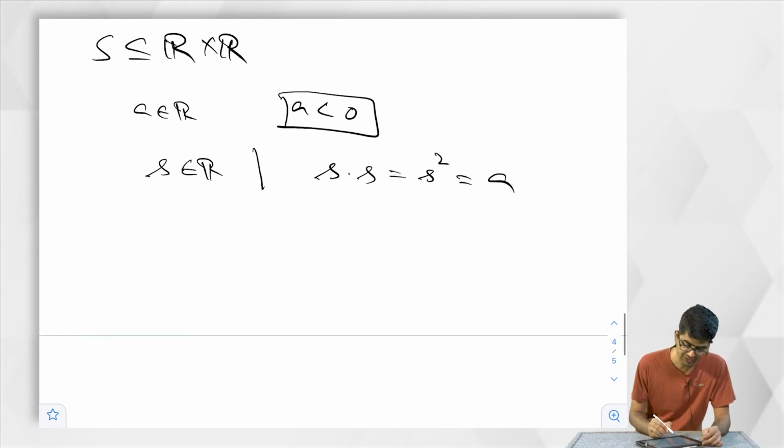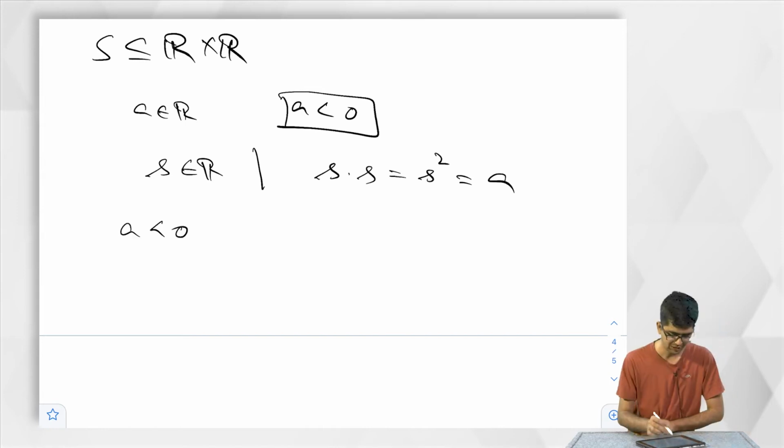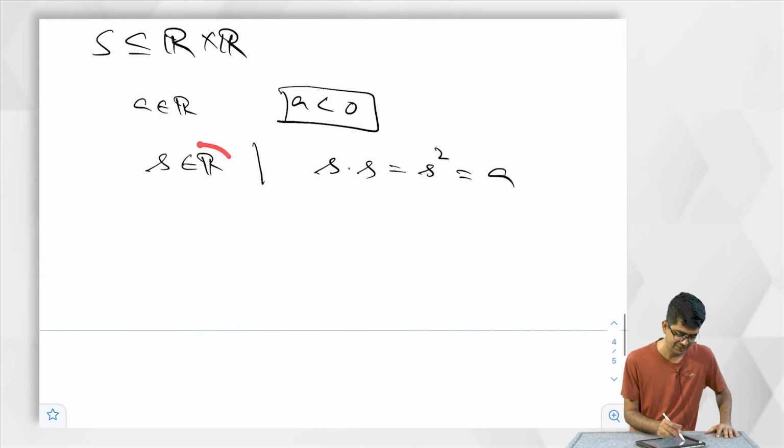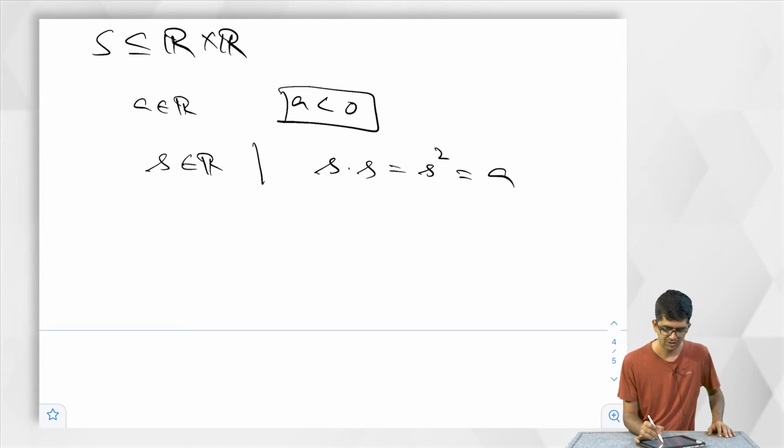Let me explain what I really mean. So if A is less than 0, maybe one easy way to see is the following. See, there are two possibilities for this, right? Either S is positive or S is negative. If S is equal to 0, 0 dot 0 is 0, so that option is gone.